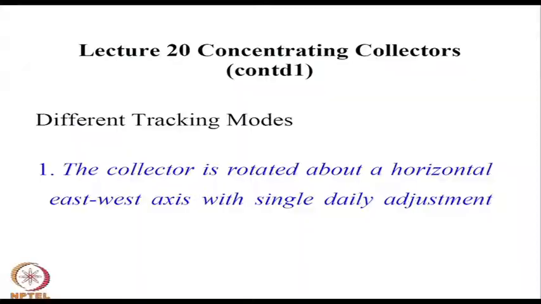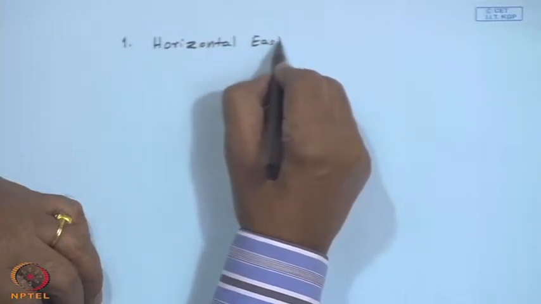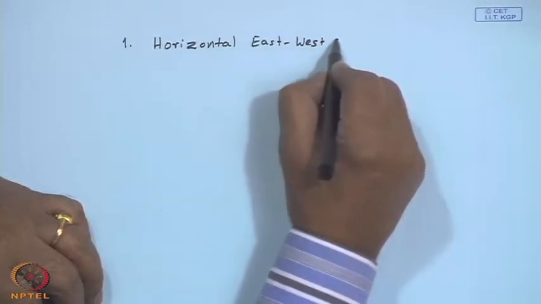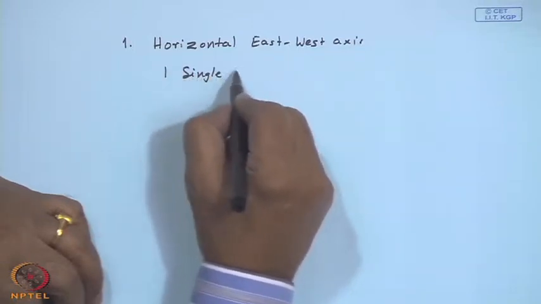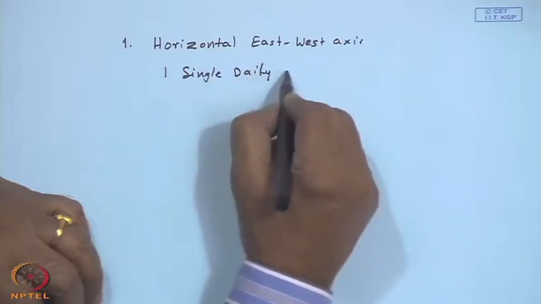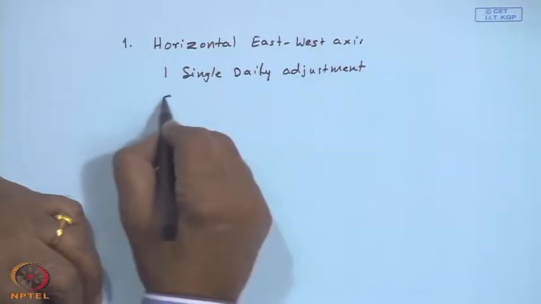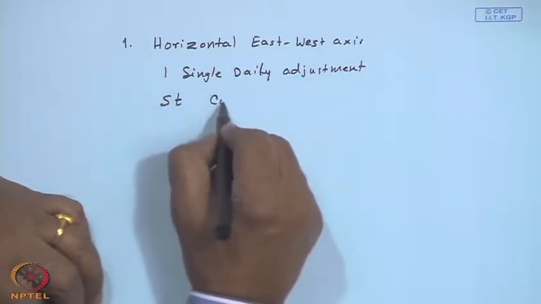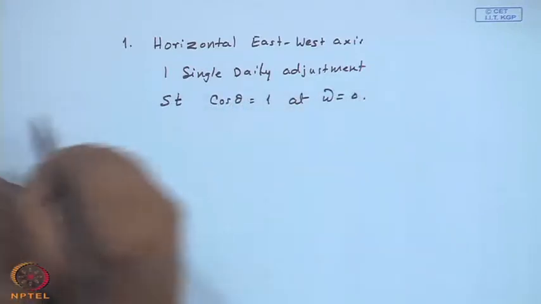In that we consider two of the simpler tracking modes, with one a horizontal east west axis with one single daily adjustment, such that cos theta is 1 at the noon time, equal to 0.